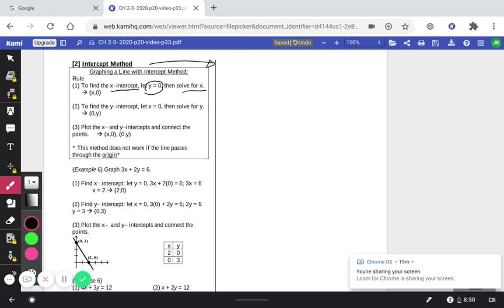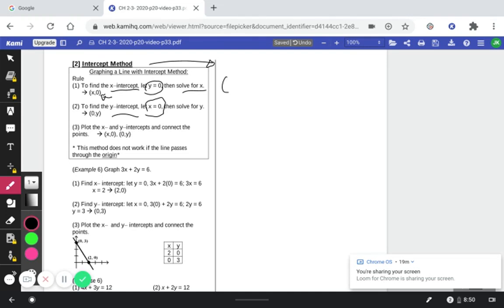So you get this coordinate point, and you find the y-intercept by plugging in x equals 0. To find an intercept, you make the other variable 0.